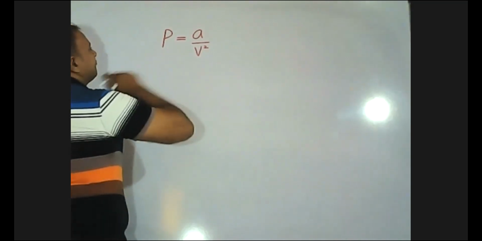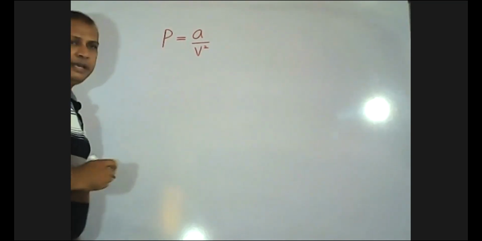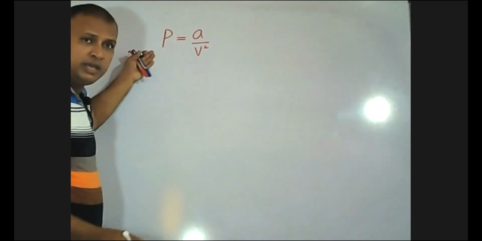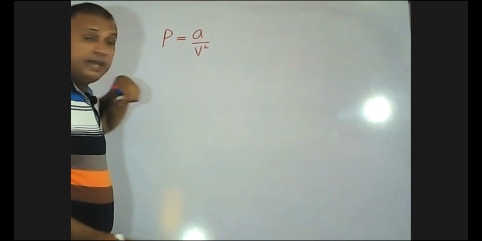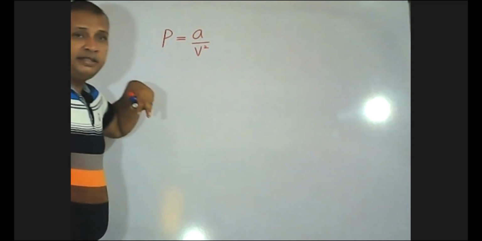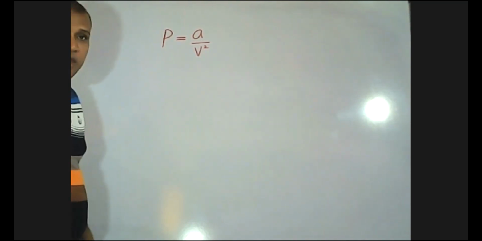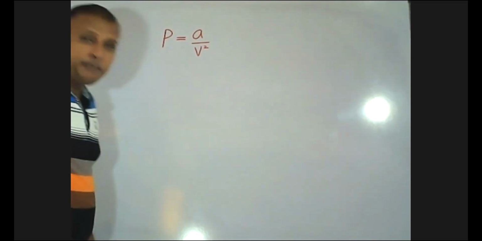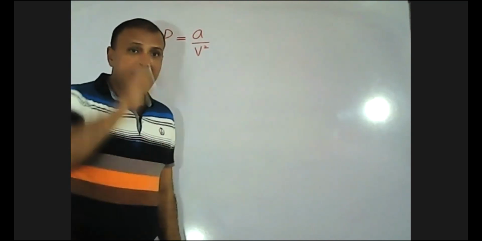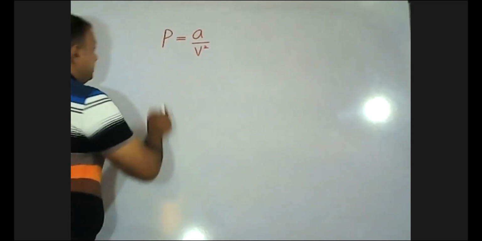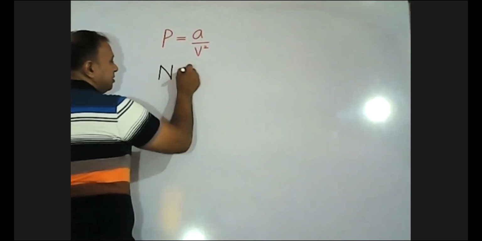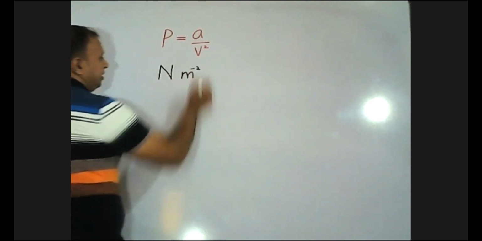Then P is a pressure. Now you can substitute the unit of each physical quantity to find the unit of A. P is a pressure. If it is a pressure, it means force over area. That means the unit is Newton per square meter.